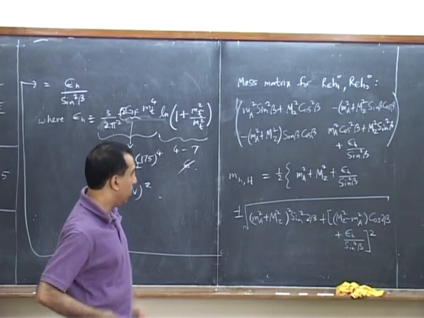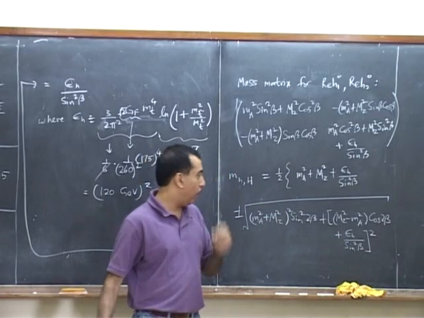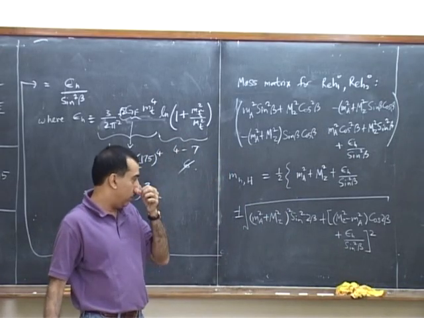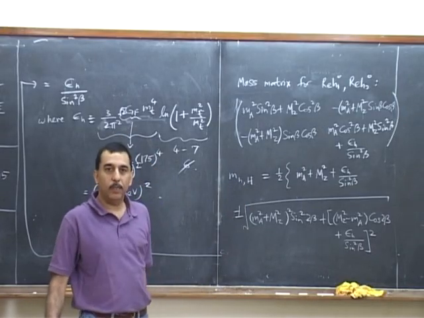So again you see where epsilon h appears, it appears here, and without it, we have back the old formula for the masses of small h and capital H.